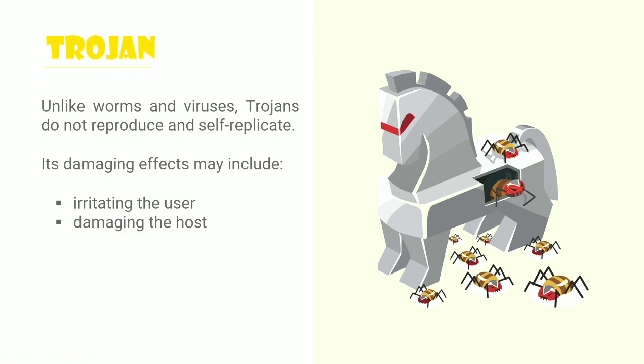Another one is damaging the host or the internal device. This can be in the form of files being deleted in your computer, stolen data, or activating and spreading other malwares that are present in your computer. Your Trojan malwares can also create backdoors.